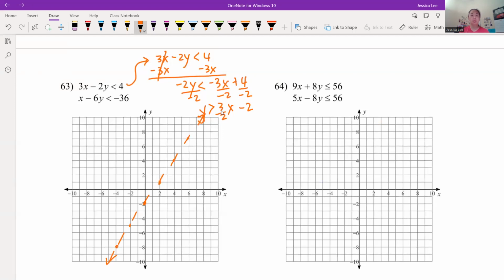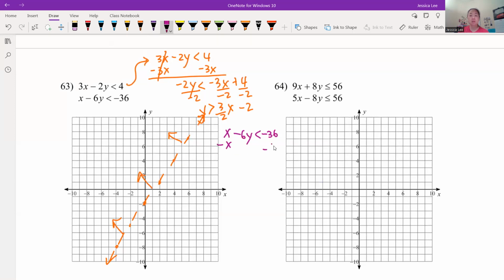And it says y is greater than, which means that y is going to be above. There we go. And then the second one, I'm not going to be able to graph negative 36 as an x-intercept, so I'm going to change this one as well. So x minus 6y is less than negative 36.